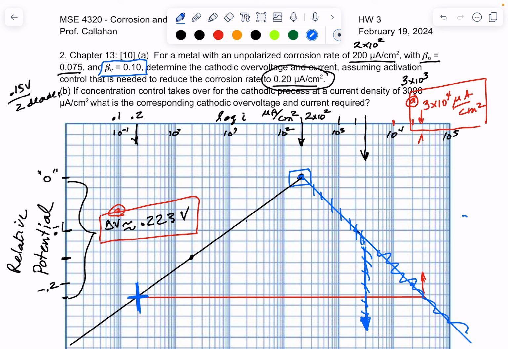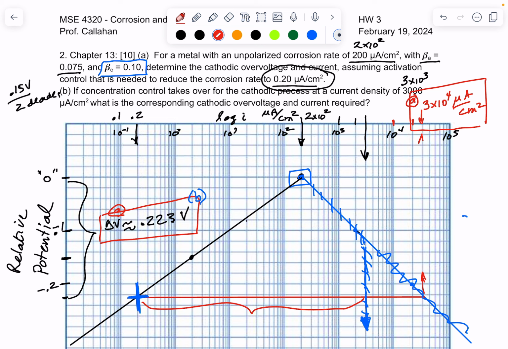So this also will be the answer to B. The cathodic overpotential is going to be 0.223 volts. However, what's true now is that we don't need as much current. We only need this much current, right?